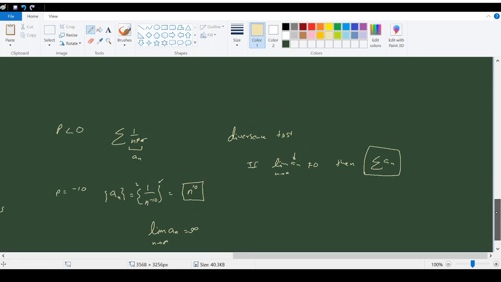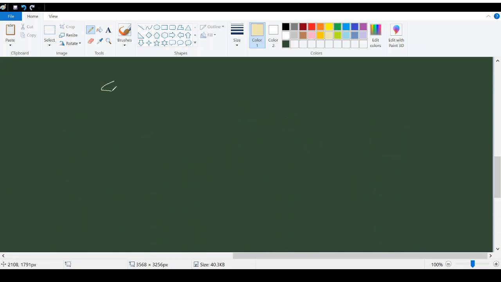Now as a summary we can say that the series of 1 divided by n to the power p, where n starts from 1 and goes up to infinity, will converge when p is greater than 1, and it diverges when p is less than or equal to 1, and even this p value can be a negative number, right?